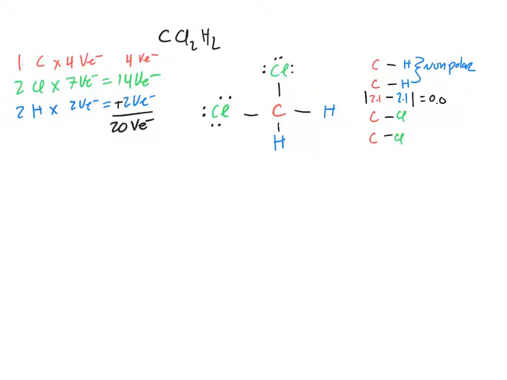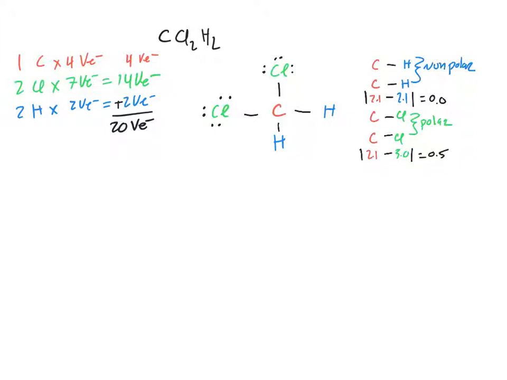Okay, and then down here I've got a 2.1 minus chlorine, which is a 3.0, which gives me a 0.9, and that gives me polar. So I have a structure here that has 2 nonpolar bonds and 2 polar bonds as part of it.